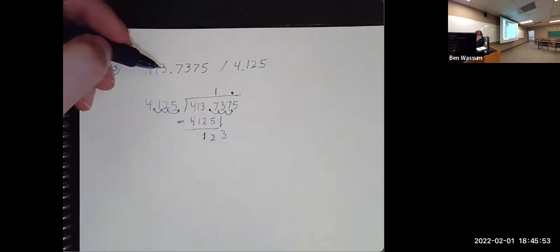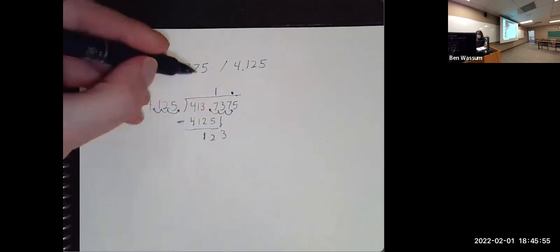All right. So then you would pull down your next digit and say, how many times does our divisor go into that? Well, it doesn't. This 4-digit number can't go into this 3-digit number, so we'd put a 0 here.